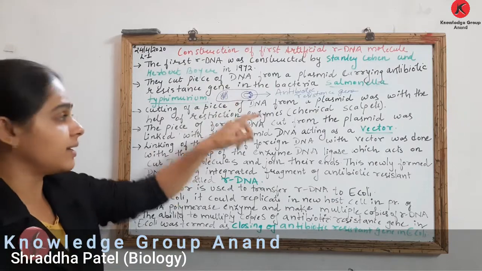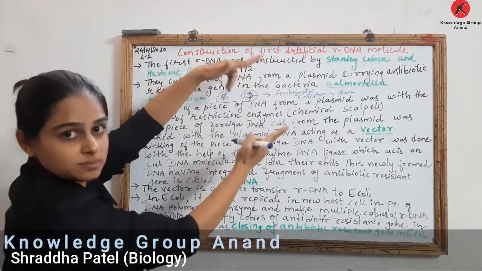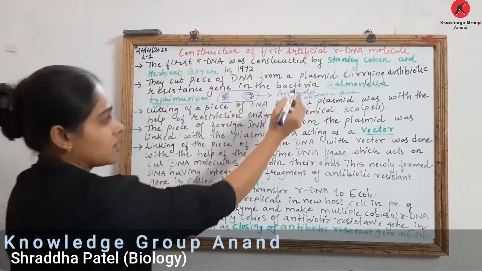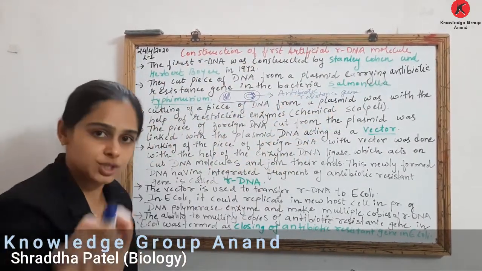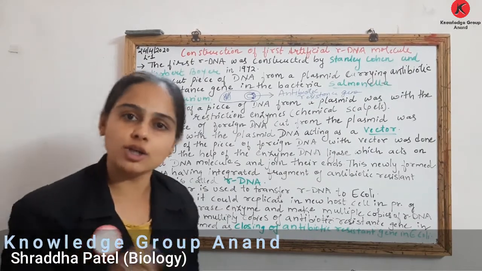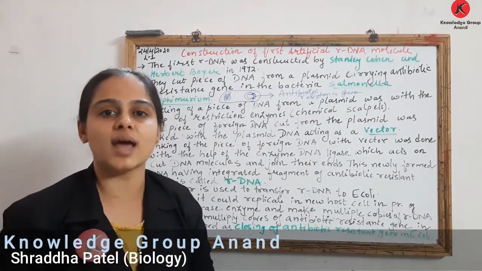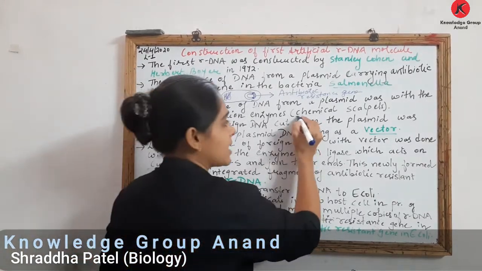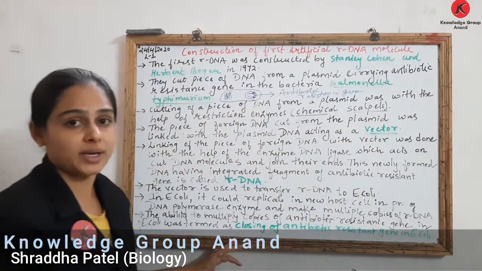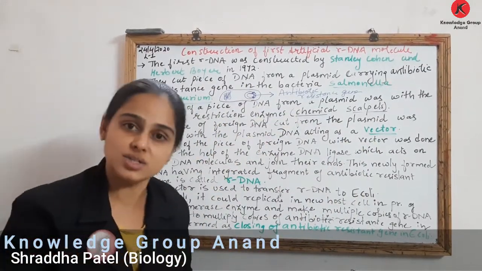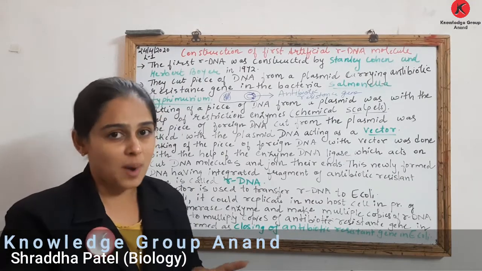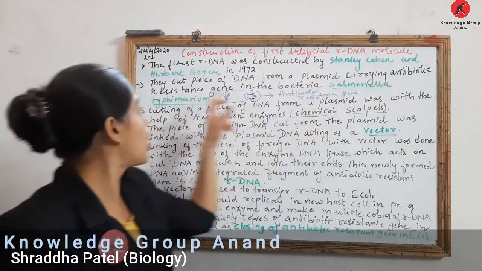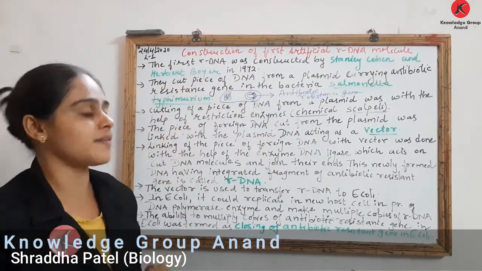Okay, so what they did, Cohen and Boyer cut this antibiotic resistant gene by use of molecular scissors that are none other than our restriction enzymes. Another name for them that I have written here is chemical scalpels. What are they called? Chemical scalpels, one and the same. So once again, your recombinant DNA was constructed by Stanley Cohen and Herbert Boyer in 1972.